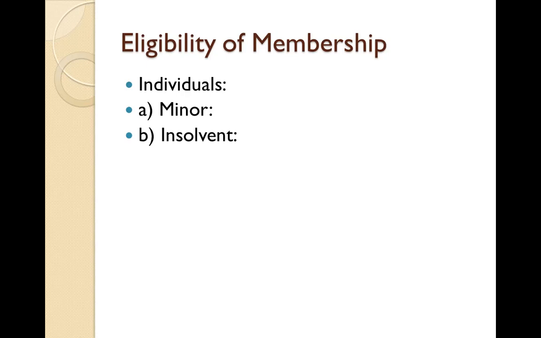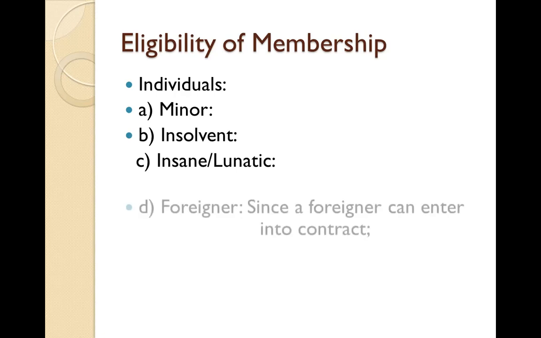An insolvent person is not eligible for membership. Insane, it means a man not of sound mind. The shareholder who is not of sound mind, who is not in a position to enter into a contract, is not eligible for membership.